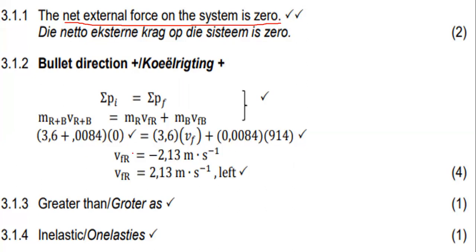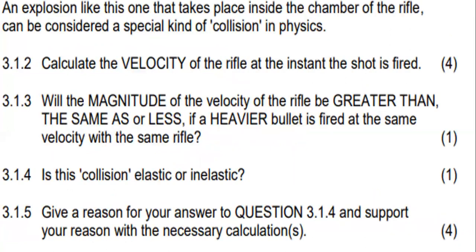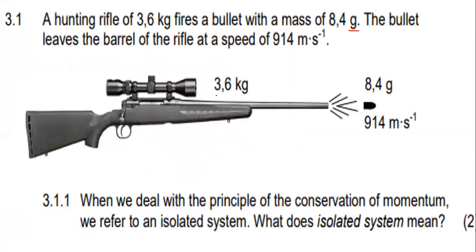Then we go to the next question. We are asked to calculate the velocity of the rifle at the instant the shot is fired, so we are looking at the velocity after the firing has taken place. Before, the rifle was stationary, and the bullet on the inside was also stationary.